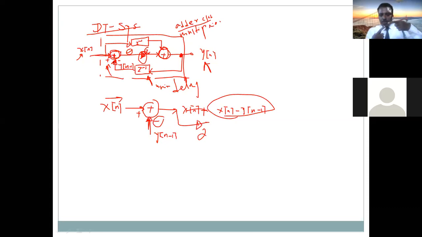These two are added together, then multiplied by 2. After multiplication, what do you get? 2 times x of n minus 2 times y of n minus 1.